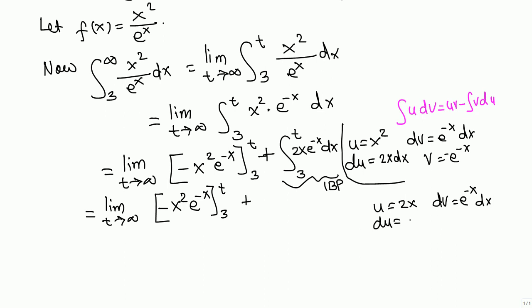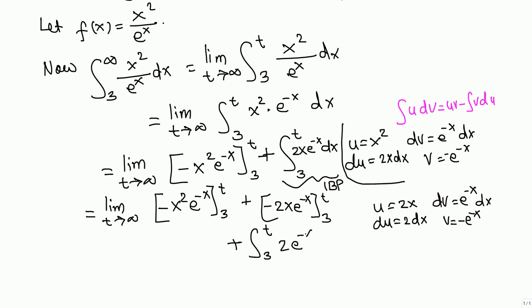Find du: the derivative is 2 dx, and v is negative e to the negative x. Then uv is 2x times negative e to the negative x, so negative 2x e to the negative x from 3 through t, minus the integral from 3 to t of v du. This negative makes it positive, so 2 e to the negative x dx.